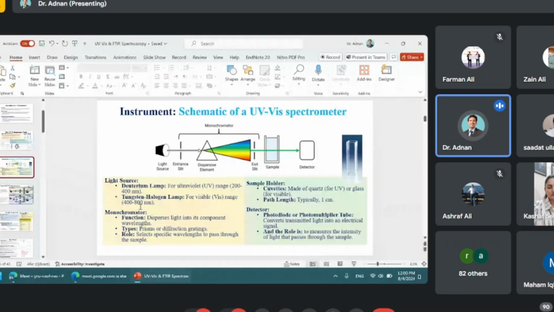So when we are analyzing rhodamine B in ethanol, we have to keep the matrix, the ethanol, in the reference cell, and then keep rhodamine dissolved in ethanol in the other cell.